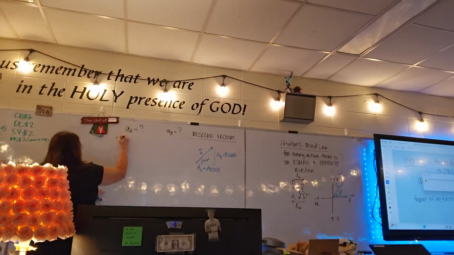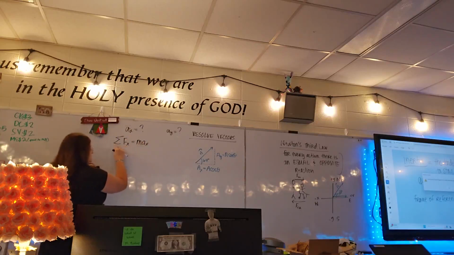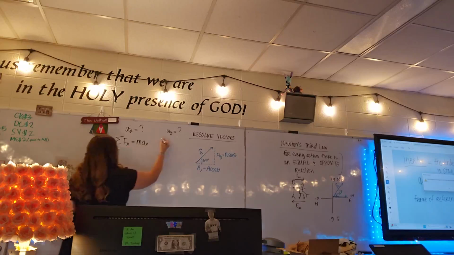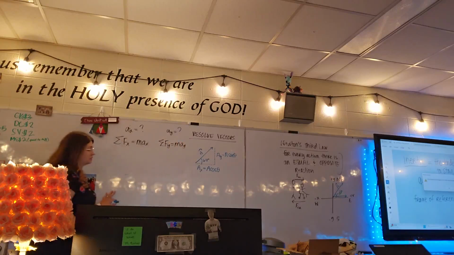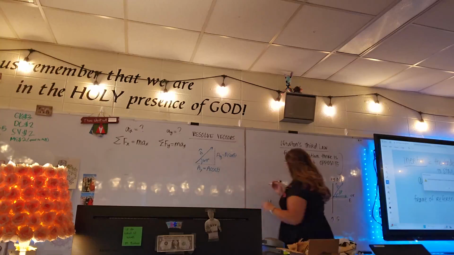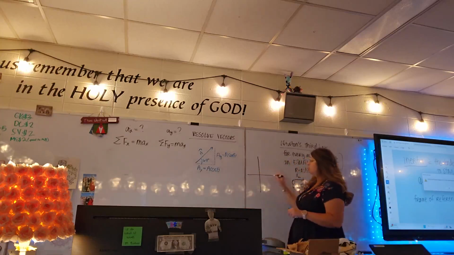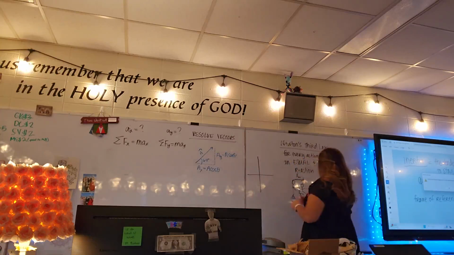We are going to break our force into its two components. So here is the sum of my forces in the x direction. Here is my sum of forces in the y direction. Now that I've resolved these vectors here, I can put them back on a new coordinate if I want.